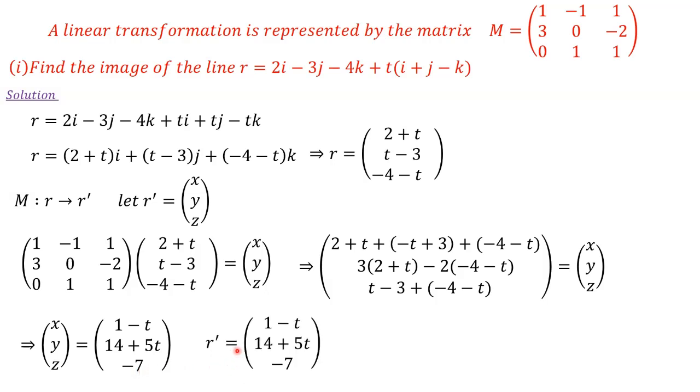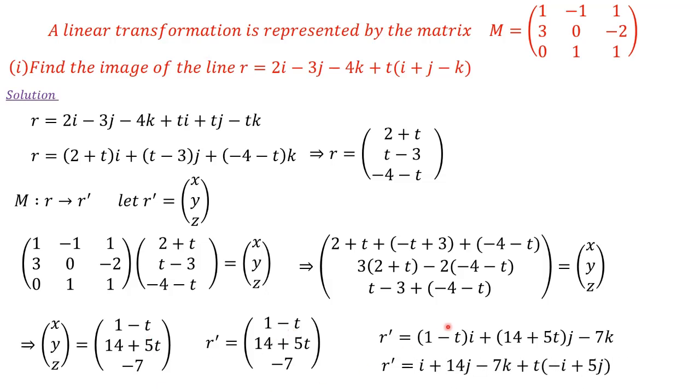We can write it in terms of r prime, because remember r prime is the image of the line r which we are looking for. So r prime is equal to 1 - t, 14 + 5t and -7 as the x, y and z coordinates respectively. We can group it as such: 1 - t is the coefficient of the i term, 14 + 5t is the coefficient of the j term, and -7 is the coefficient of the k term.